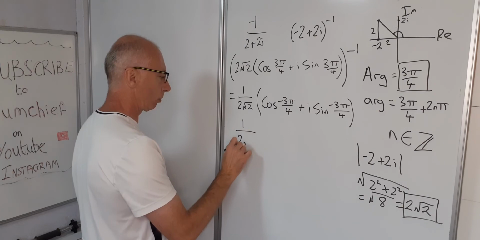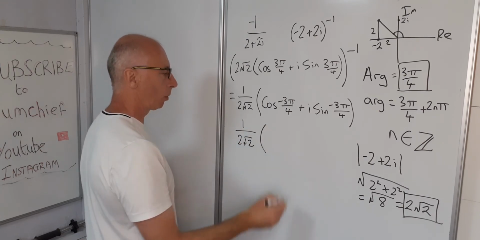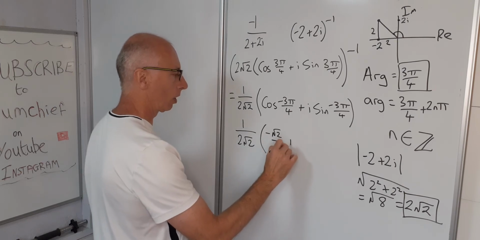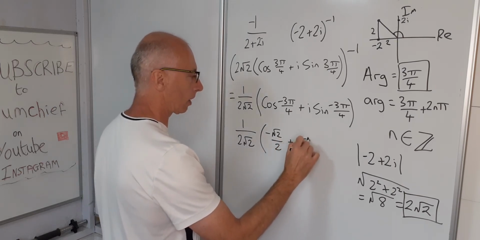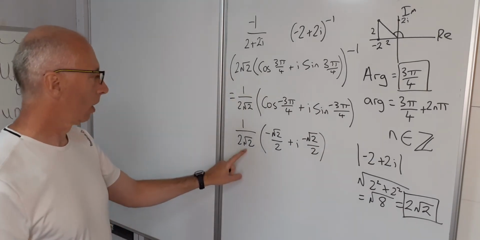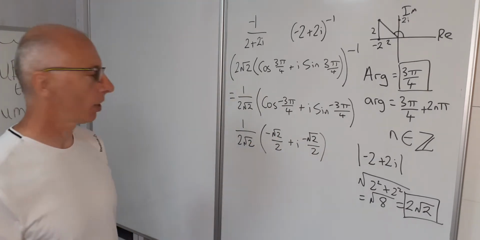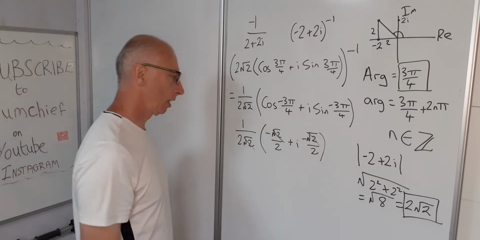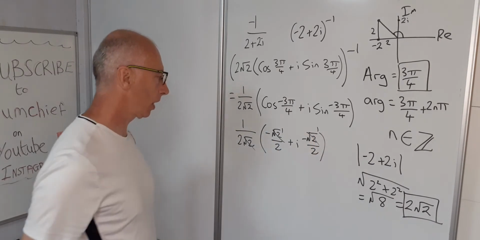So 1 over 2 root 2, and then we multiply that by negative root 2 over 2 plus I negative root 2 over 2. Okay, bit of cancellation and distribute this 2 over root 2 here. This will cancel out. Put a 1 there, that's always satisfying.